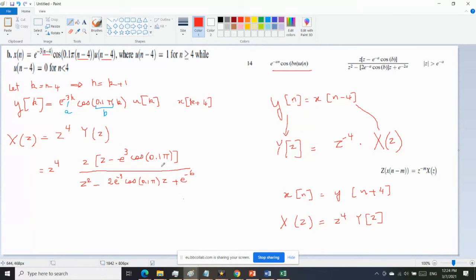Okay, next we can find what's cosine 0.1 pi and e to the power of minus 3, because it's minus a, right? We forgot the minus a.